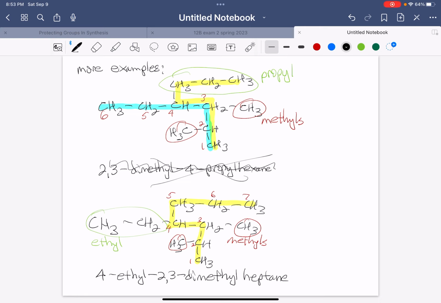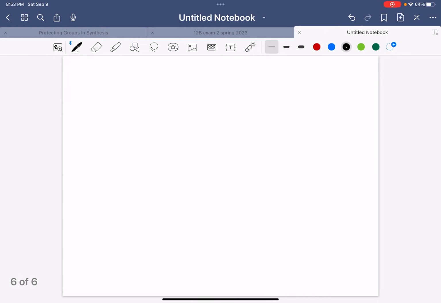Now, there's one more thing that I want to mention, and that is sometimes you can have a chain that has a chain coming off, or a branch that has a branch coming off it.